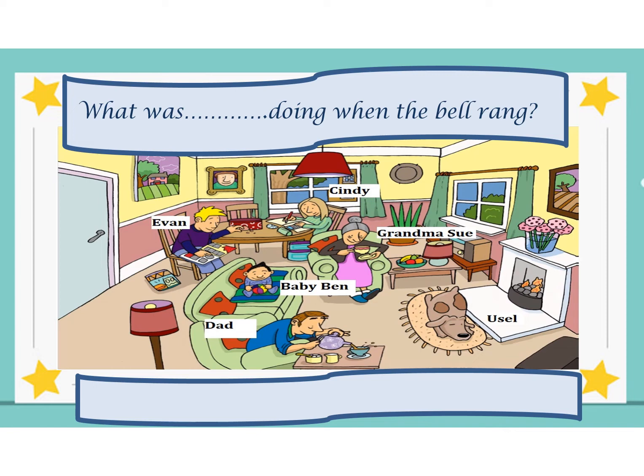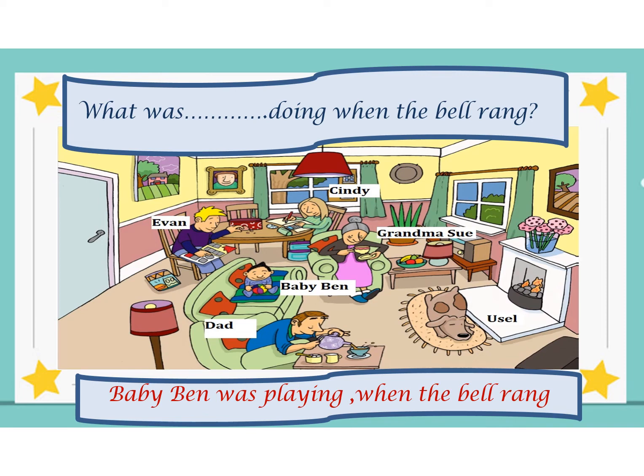Baby Ben was playing when the bell rang. So if you look here at the first part of the sentence, we have Baby Ben. Here we can replace Baby Ben with the pronoun he. He was playing.